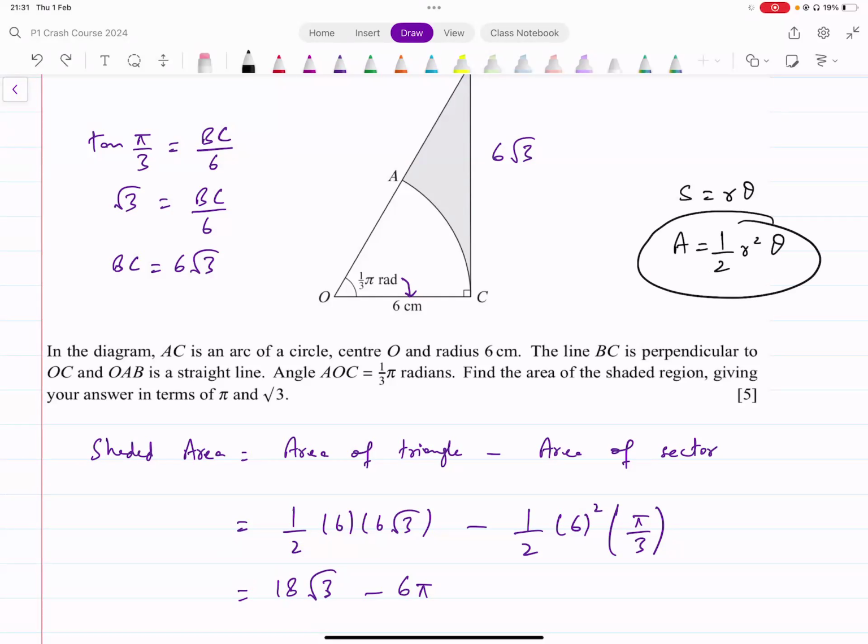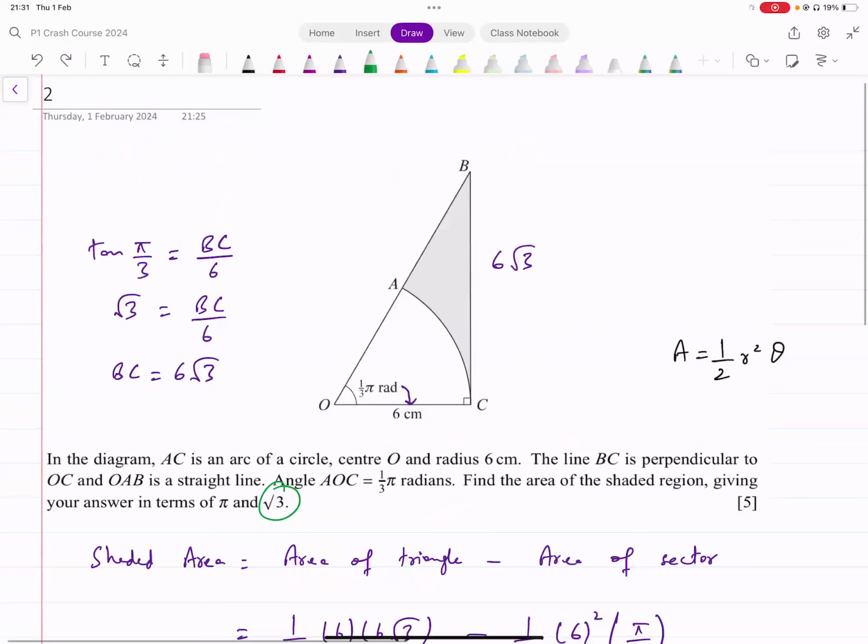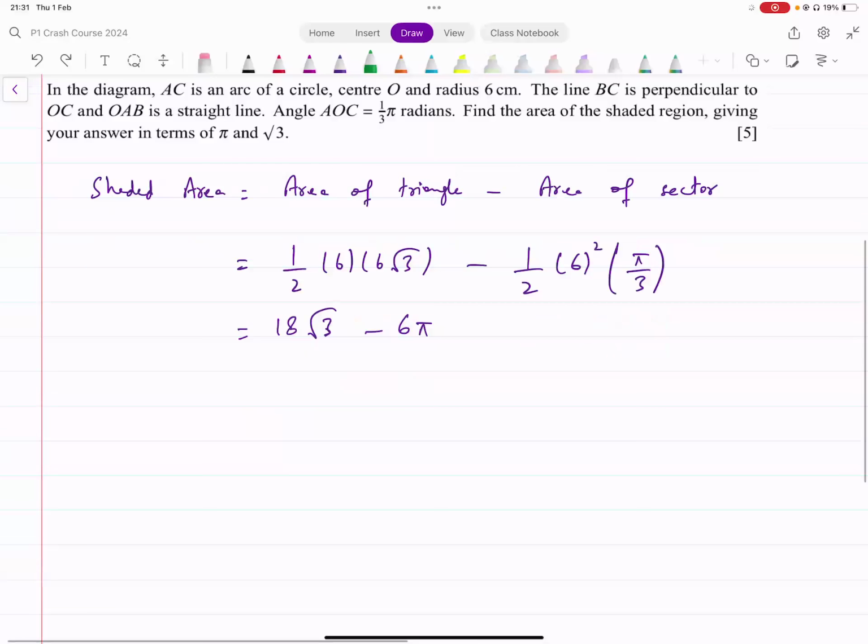Sir, it says the answer should be in terms of pi, but it is 6 pi. We should take 6 common. No, this is in terms of pi and under root 3. If you have 18y minus 6x, isn't this in terms of x and y? It is.